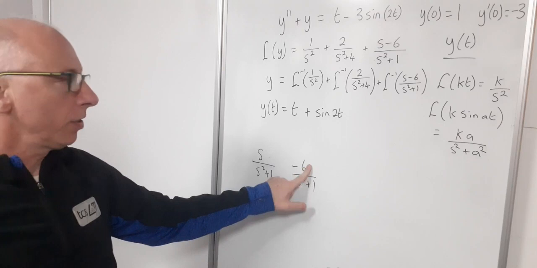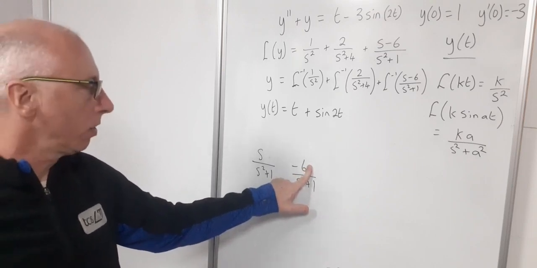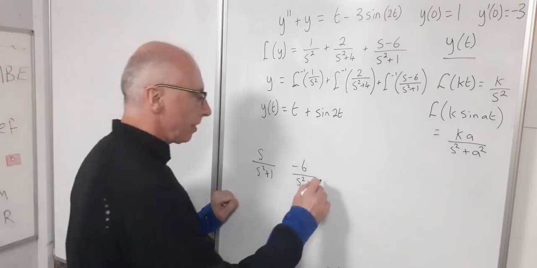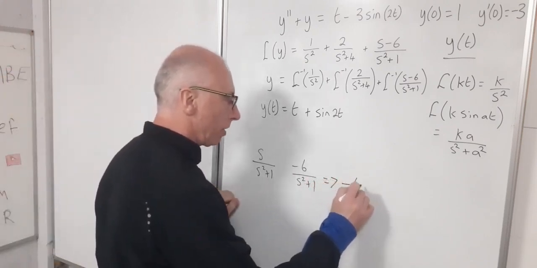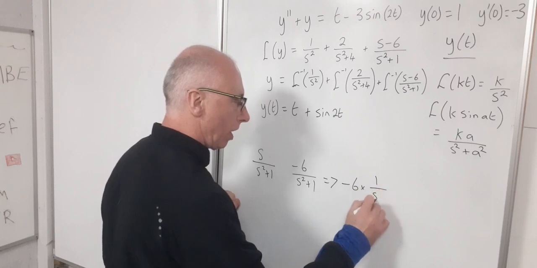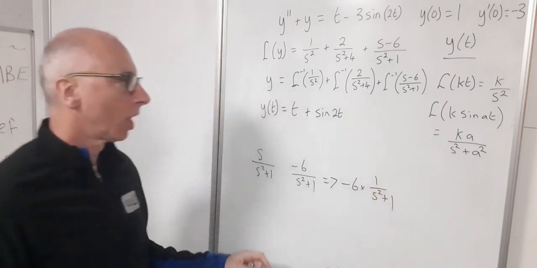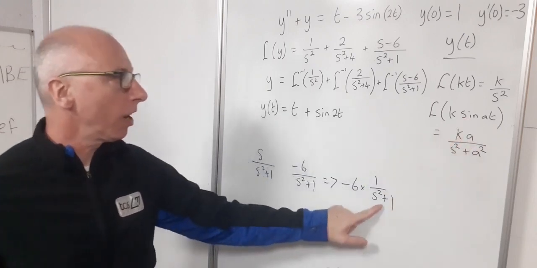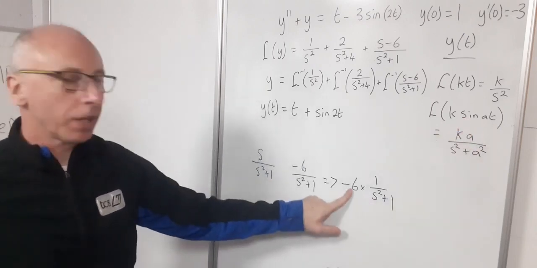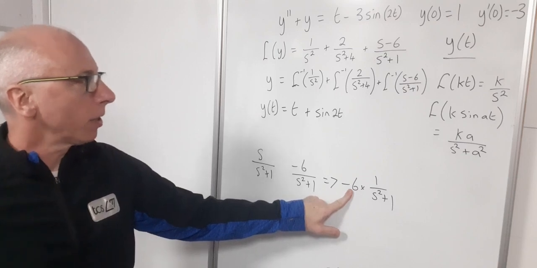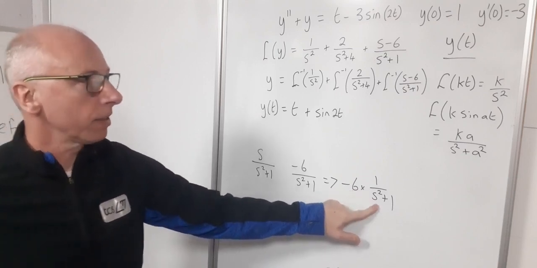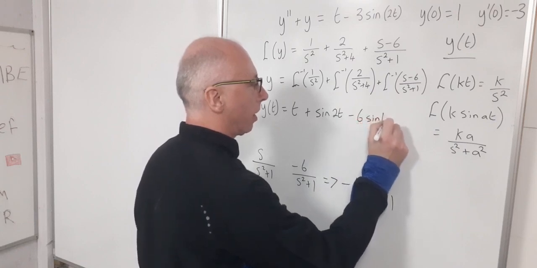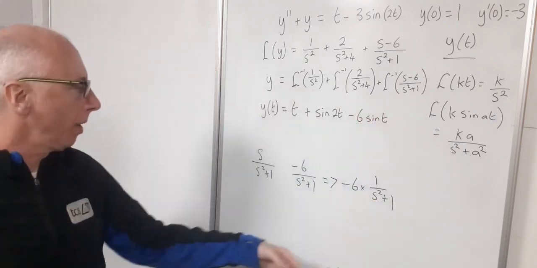So I've got plus 1, so I need a 1 in my numerator here, and then the minus 6 I could bring out as a multiple. So I could have minus 6 times 1 over s squared plus 1. Well, s squared plus 1 using this method here would be just sine of t. And then I've got a minus 6 multiplied, so I could start off having minus 6 sine t. So minus 6 sine t. So that would take care of that part.